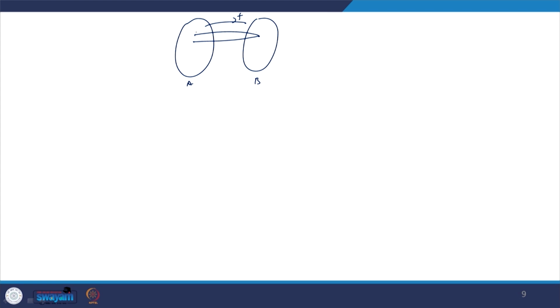Here we are taking 2 points, it may be 3 points also. That means, if there exist x and y belongs to A such that x not equal to y implies f x equal to f y, then we say that the function is many to one function.